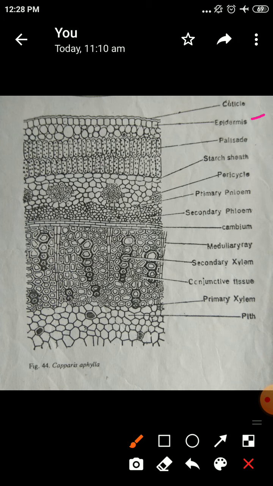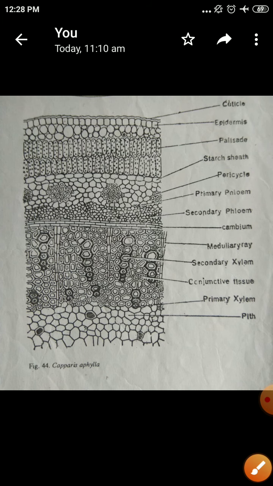And this epidermis is also deposited with the cuticle. There is a coating of cuticle. The cuticle may be of wax in Capparis. So this is about the skin of the xerophytic plant, Capparis. Epidermis deposited with the extra coating on it, we call it a cuticle.